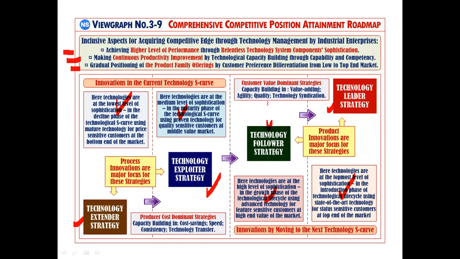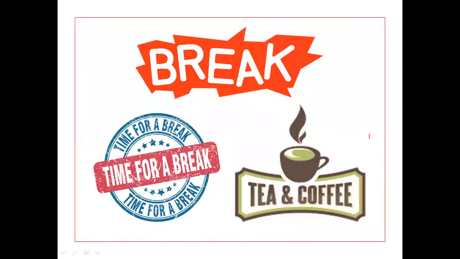But here we also should note that this is the customer value dominant strategy, and here the customer cost dominant strategy. And process innovation is the major focus here, and product innovation is the major focus here. So with that, I have completed my part 3.